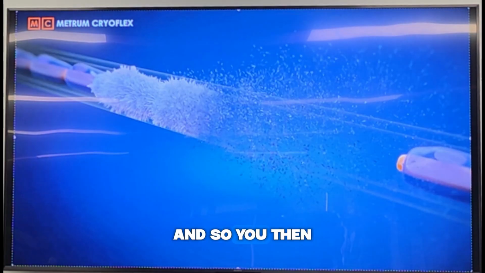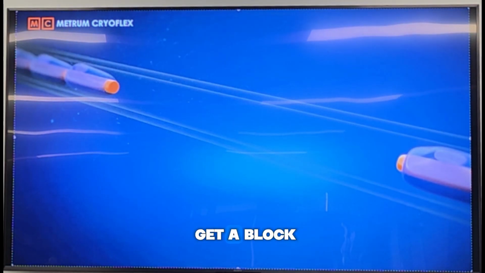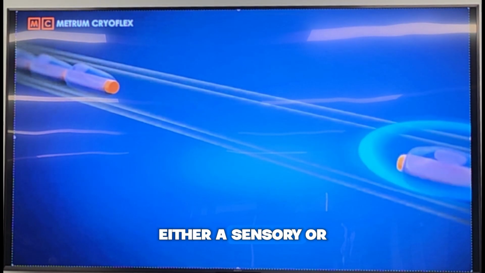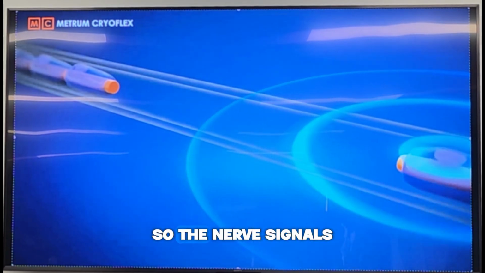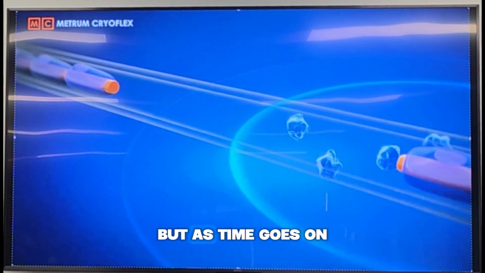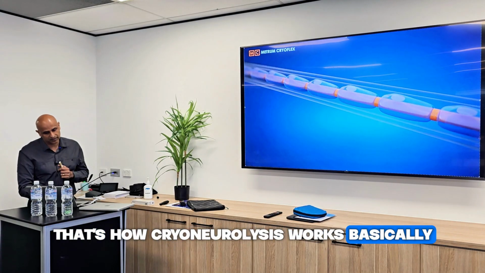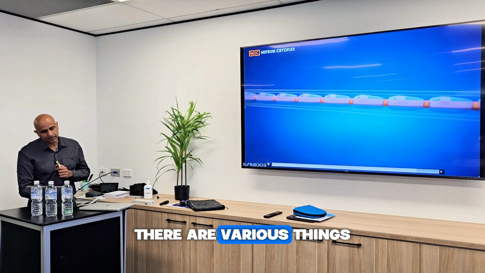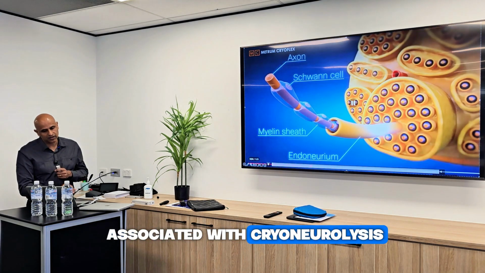And so you then get a block, either a sensory or a motor block. So the nerve signals are not going, but as time goes on, the axon starts growing back up. And that's how cryoneurolysis works, basically. So there are various things associated with cryoneurolysis.